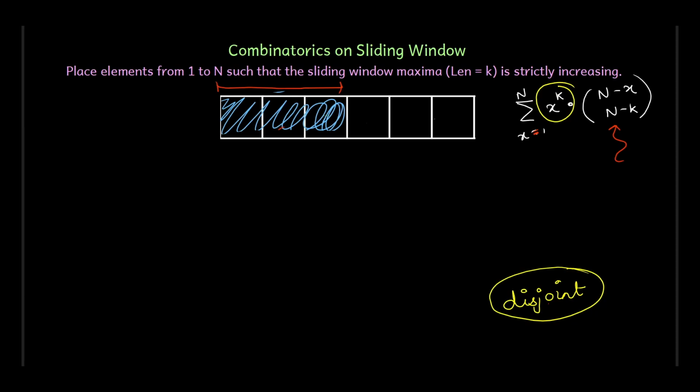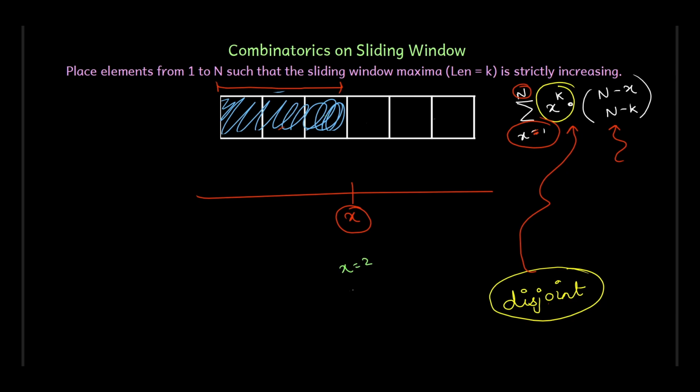So it is exhaustive for sure. Why? Because we are iterating x from 1 to n. But it is actually not disjoint because duplicates are appearing. So how do we make it disjoint? To make it disjoint, you can say that whenever you are doing a partition point on x, then every array in x equal to 3 will differ from x equal to 2.